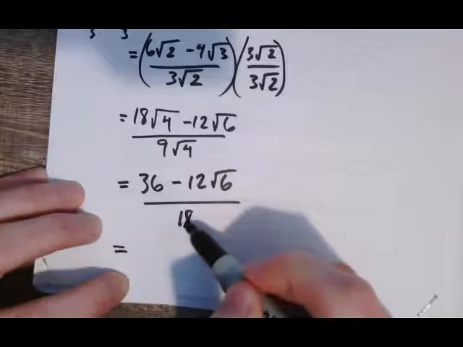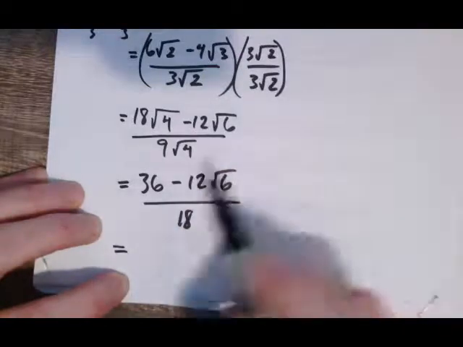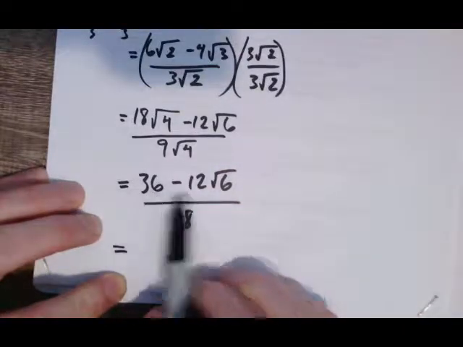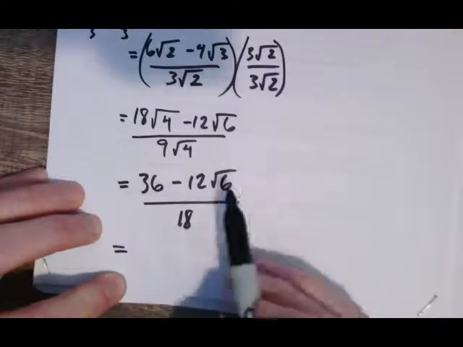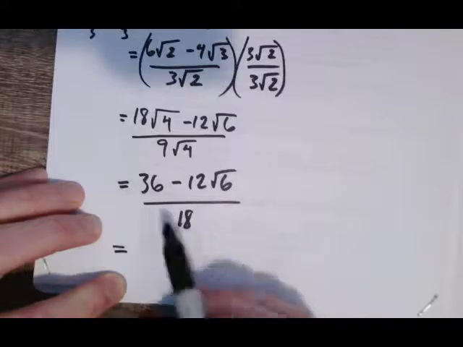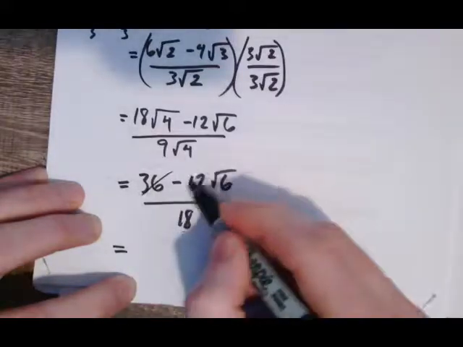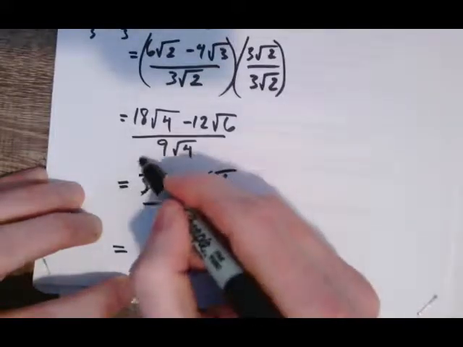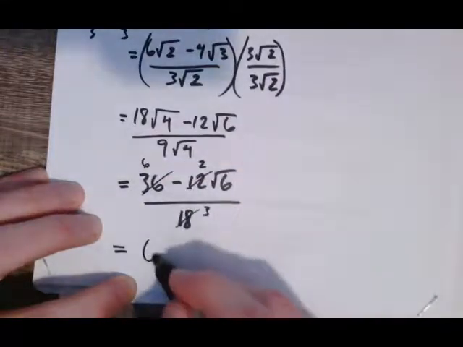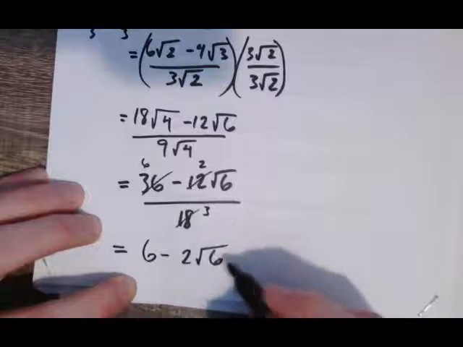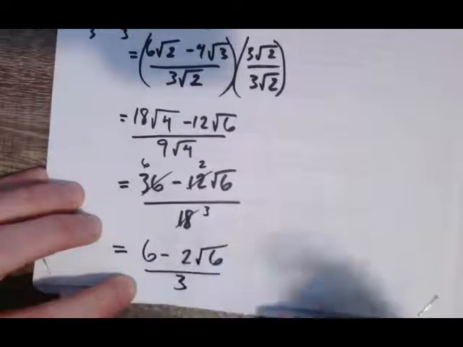I had to say it a few times just because it looks like 6 goes in. Anything bigger wouldn't go into 12 unless it was 12, and 12 goes into 36, but not 18. So if I divide each of these by 6, 6 goes into this 6 times, 6 goes into this twice, 6 goes into this 3 times. Those are our numbers: 6 minus 2 root 6 over 3.